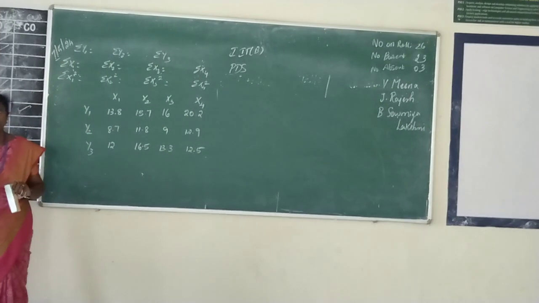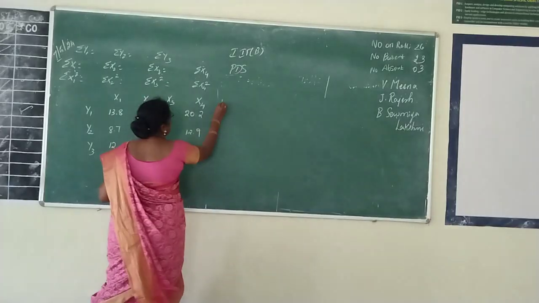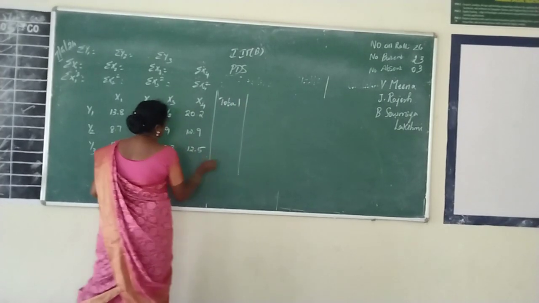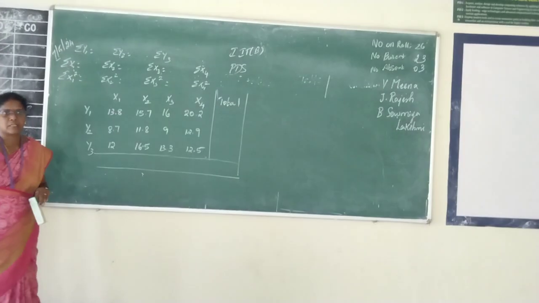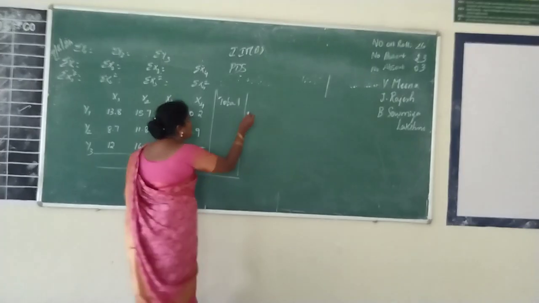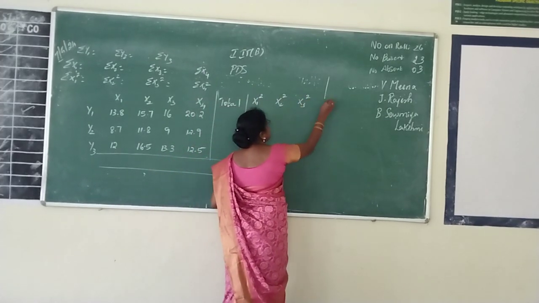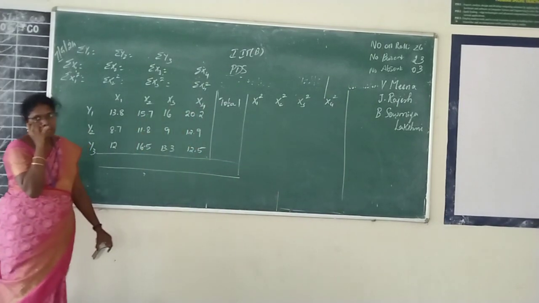I told you, the preliminary table should be formed. After this, you include the total, which gives the corresponding row totals, and here we will have the corresponding column totals. Apart from this, you include the columns for x1 square to x4 square. This is the first initial table you are supposed to form. But as I told you, to save time, put it directly in the calculator.